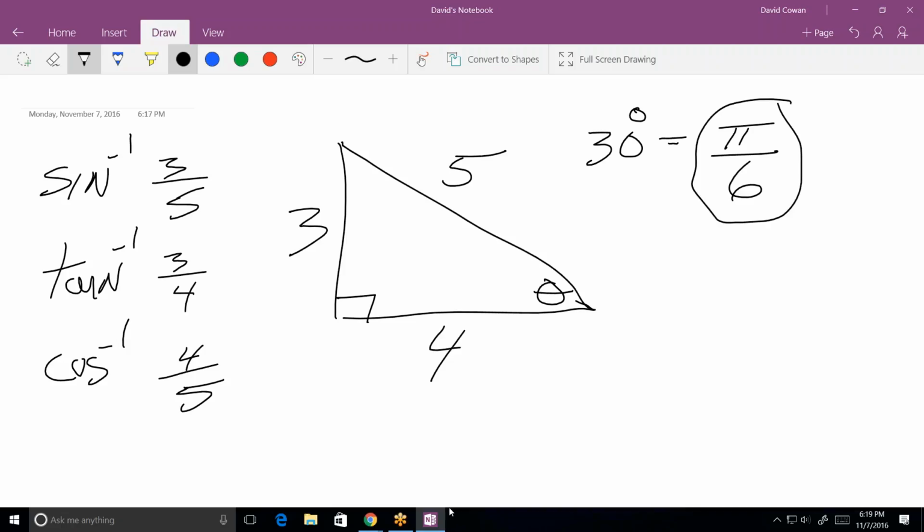Well, guess what? That is a number. Pi is 3.14 and change, and divided by 6, you get a number. So radians being numbers is correct. They are. And when you get to calculus, they have to be in radians. Calculus, by the way, does not work with degrees.